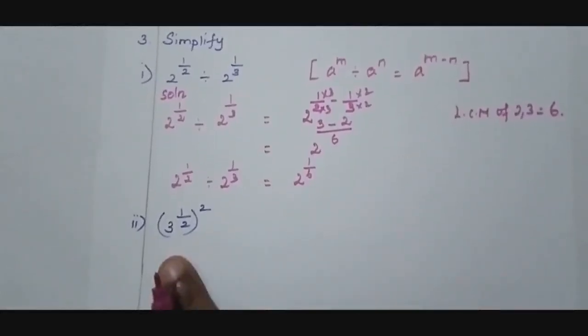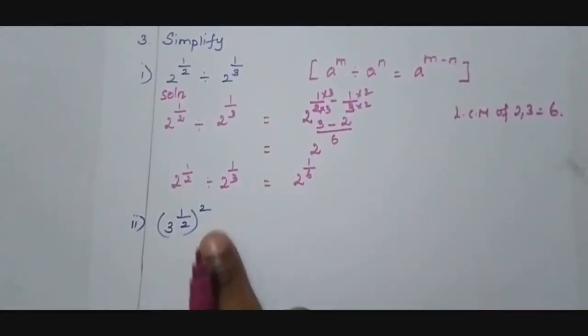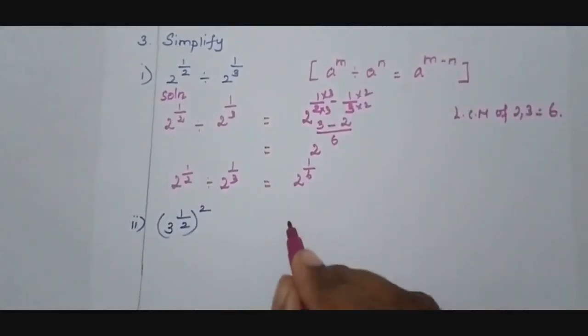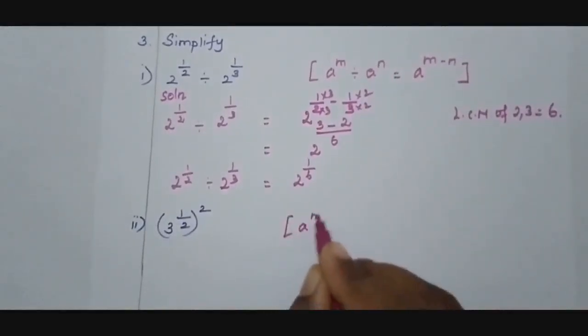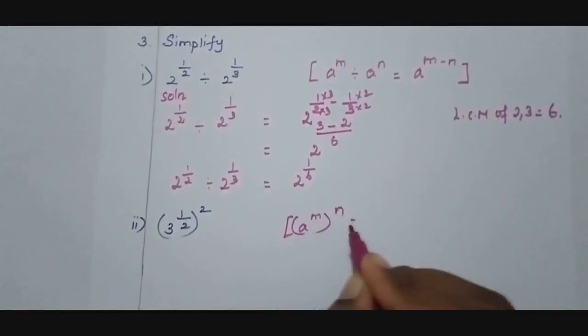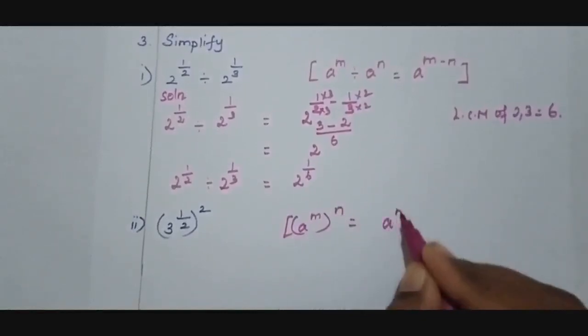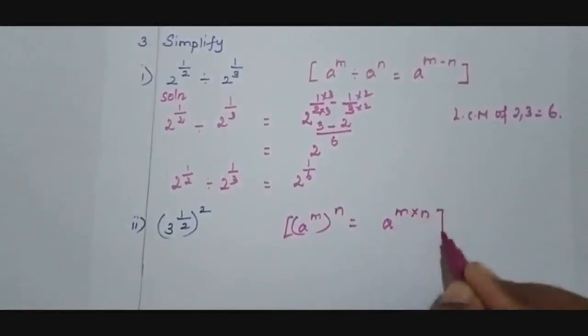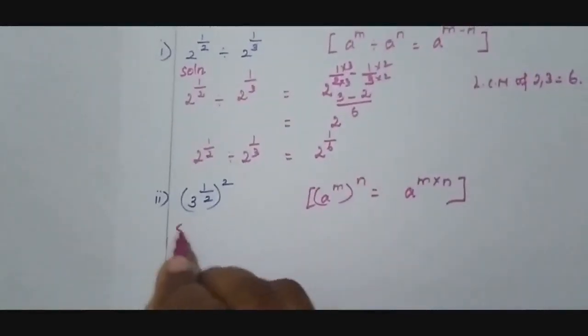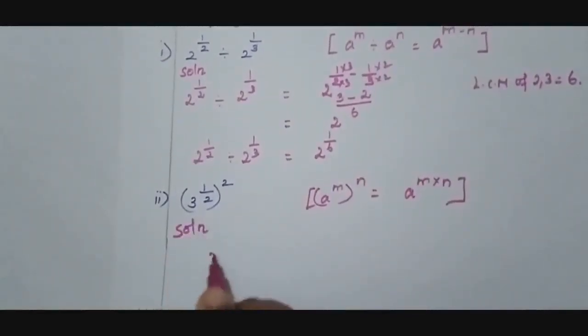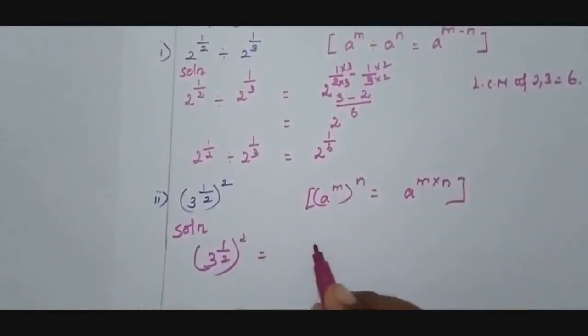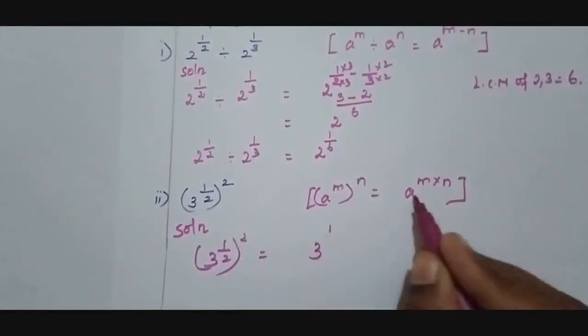The second question, 3 power 1 by 2 the whole square. So this is based on the rule a power m the whole power n, which is equal to a power m into n. 3 power 1 by 2 the whole square, which is equal to 3 power m into n.